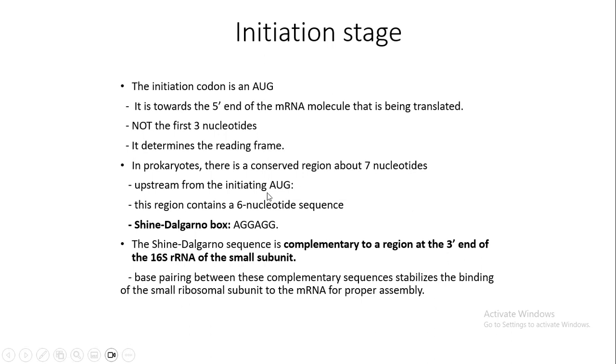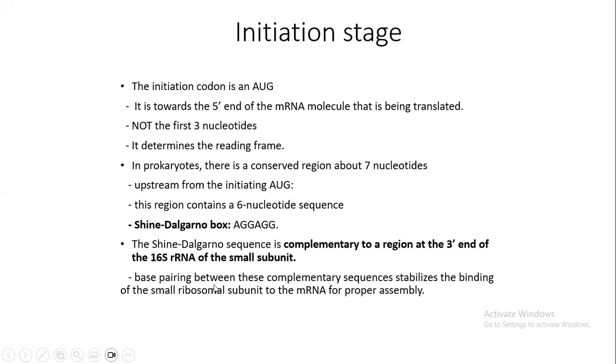Now, in case of prokaryotes, there is a conserved region of about 7 nucleotides present upstream of the initiating AUG codon. This region is known as Shine-Dalgarno sequence and it reads AGG in 5' to 3' direction. The sequence of the Shine-Dalgarno region is complementary to the sequence of the 16S ribosomal RNA of the 30S ribosomes.